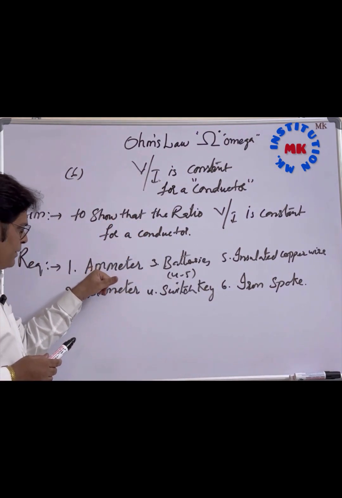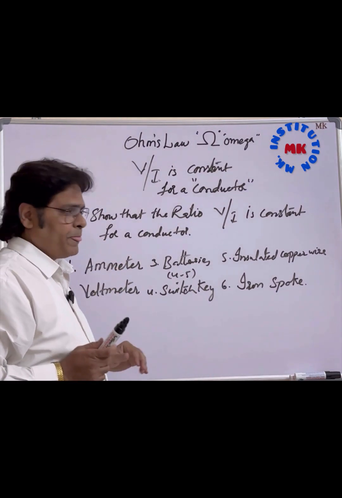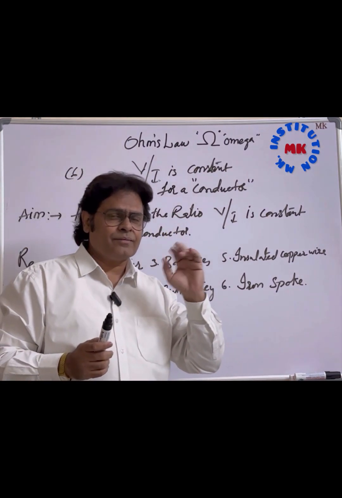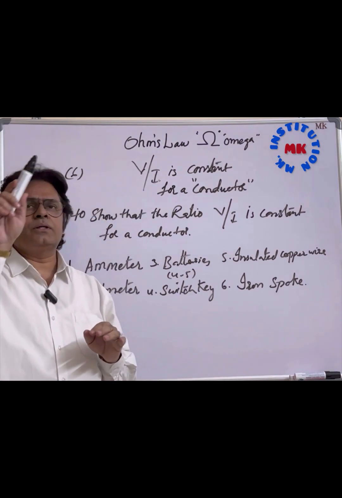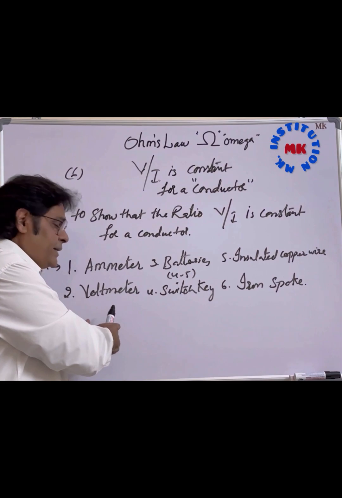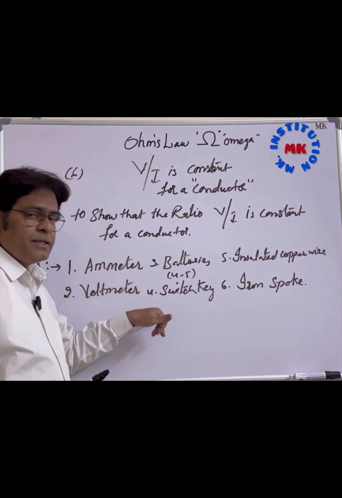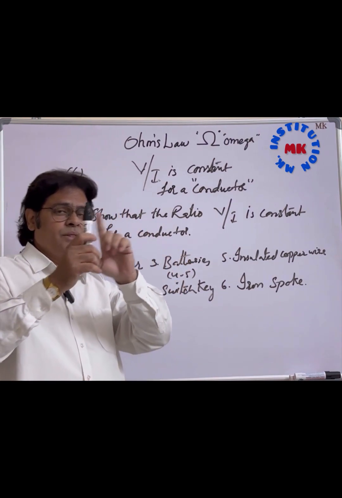Voltmeter, ammeter. The ammeter is the device to measure the amount of current, how the current is moving, whether current is moving or not. Now the voltmeter: what is its work? It measures the potential difference from one point to another point. Clear?